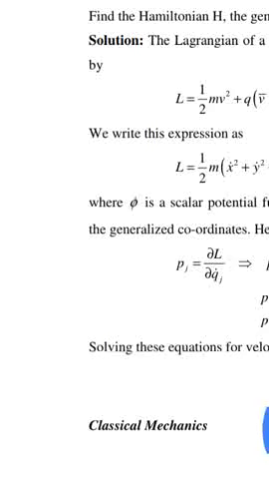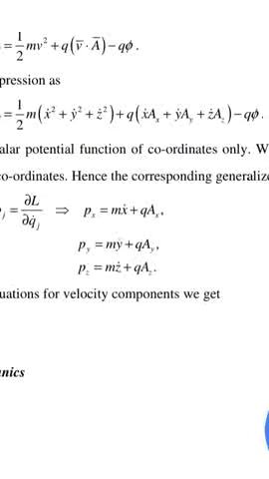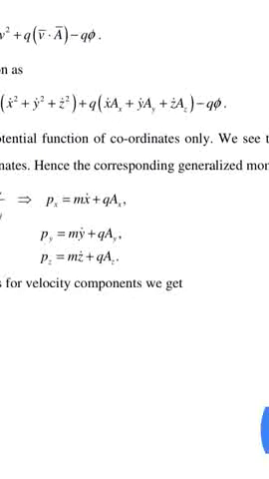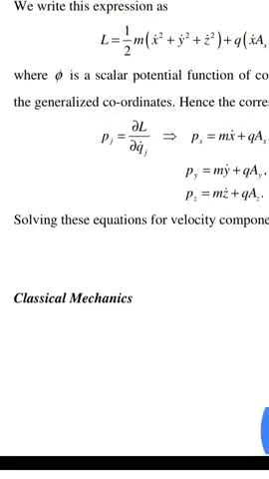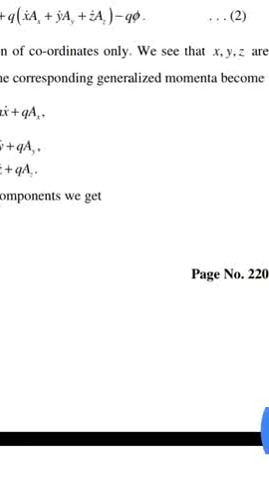We write this expression as L = 1/2 m(x dot² + y dot² + z dot²) + q(x dot ax + y dot ay + z dot az) - qφ, where φ is a scalar potential function of coordinates only.